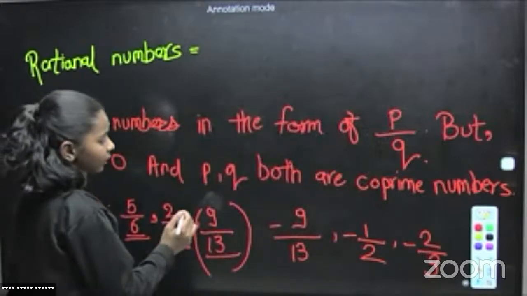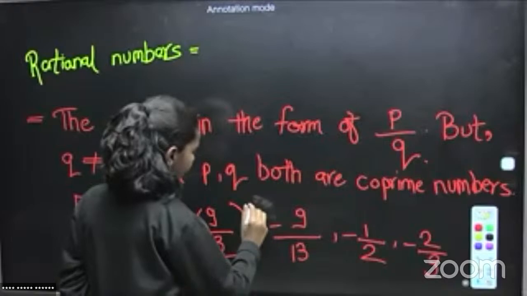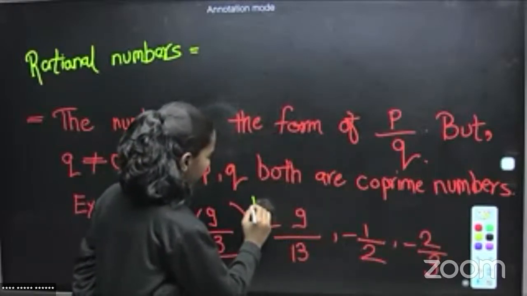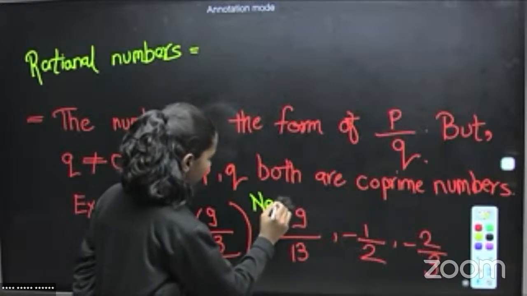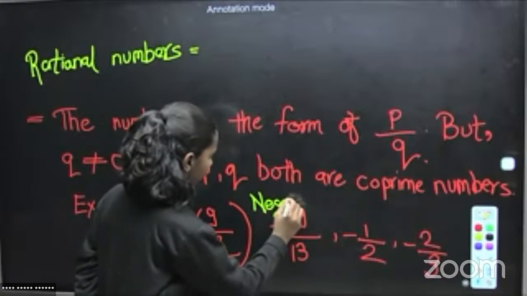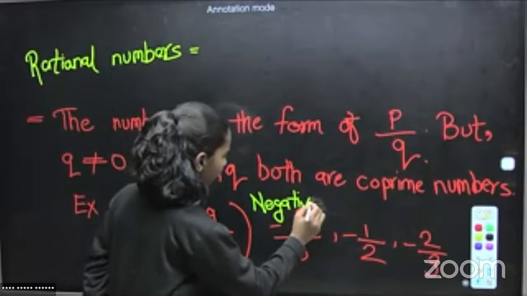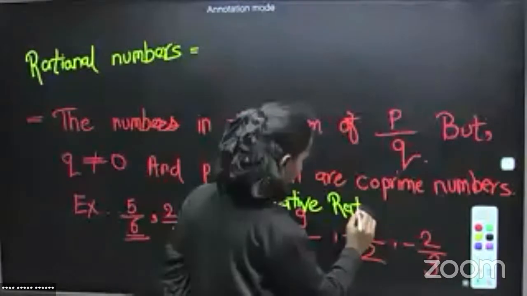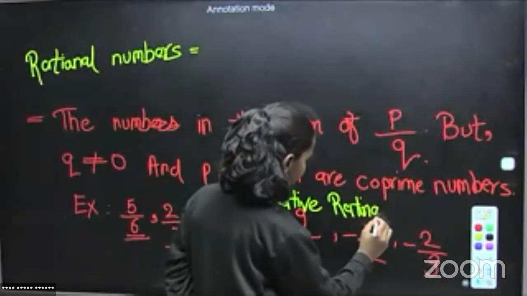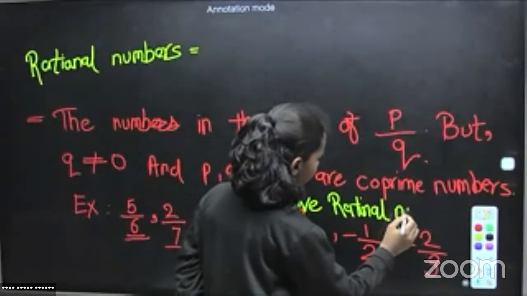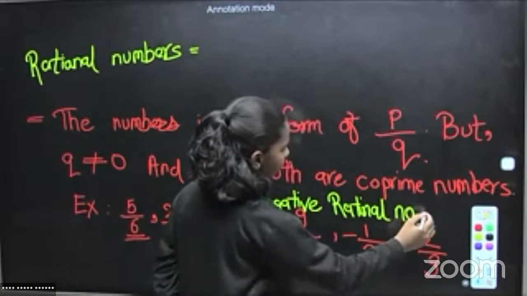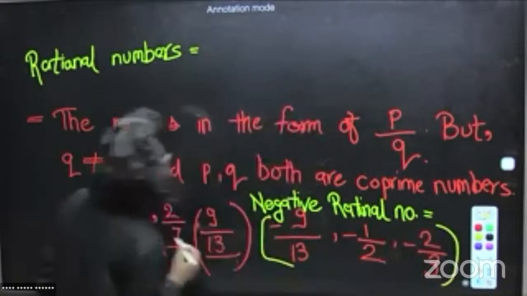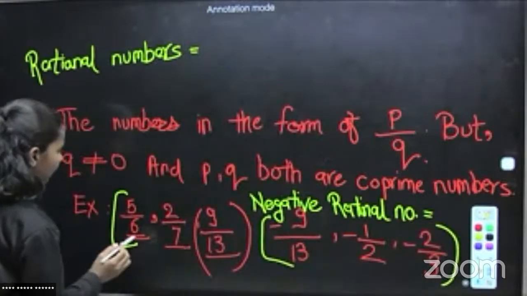So write here negative rational numbers. These are negative rational numbers, and these are positive rational numbers.